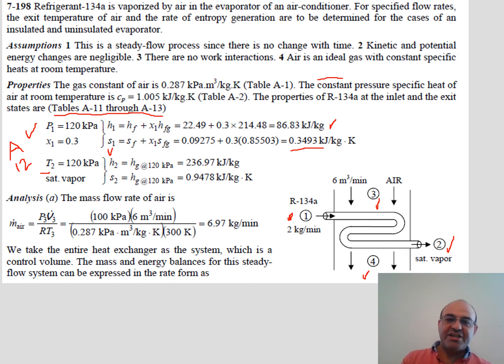It means that h2 is equal to hg, and s2 is equal to sg. This is a typo, so s2 is equal to sg.